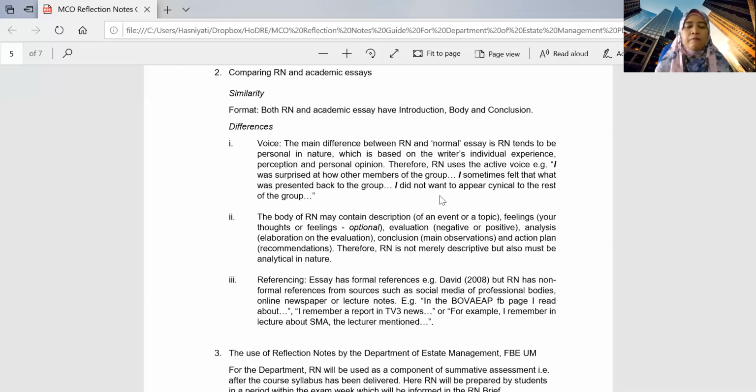So it's different from your conventional academic essay, whereby you use the passive voice. It is stated that, or it is observed that, or referring to the subject matter, the building law is about so and so. So in a reflection note, you use more of the first person voice: my thoughts, my opinion, or I think.